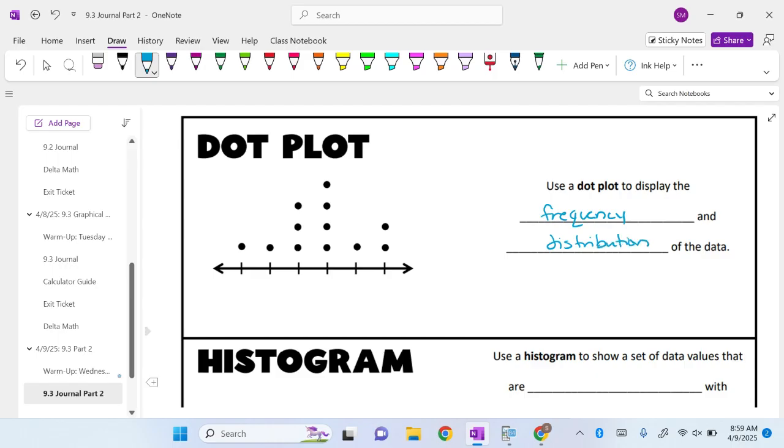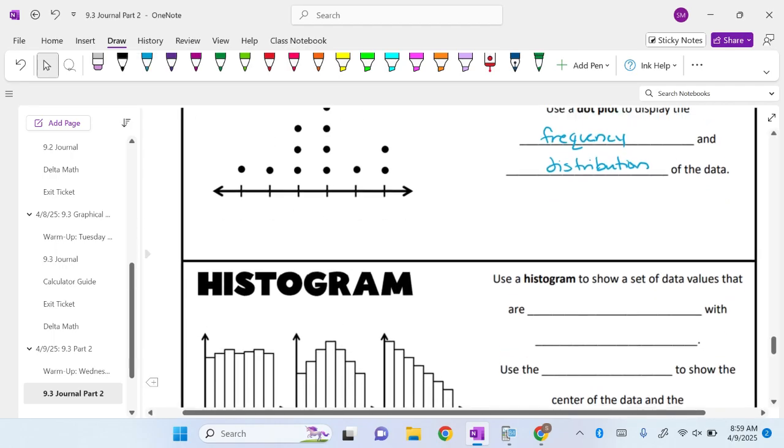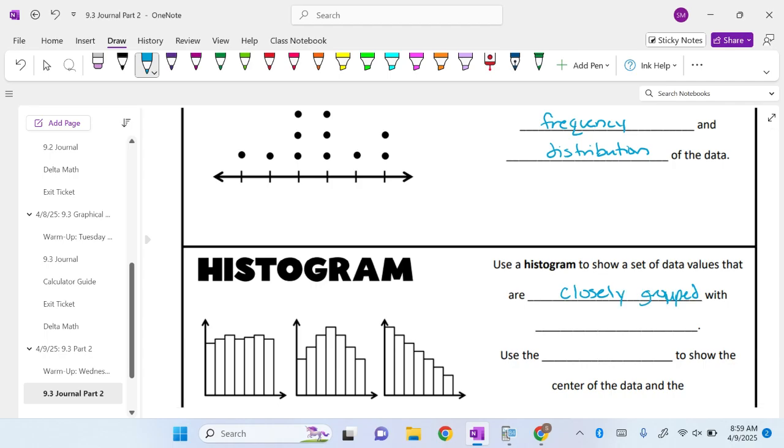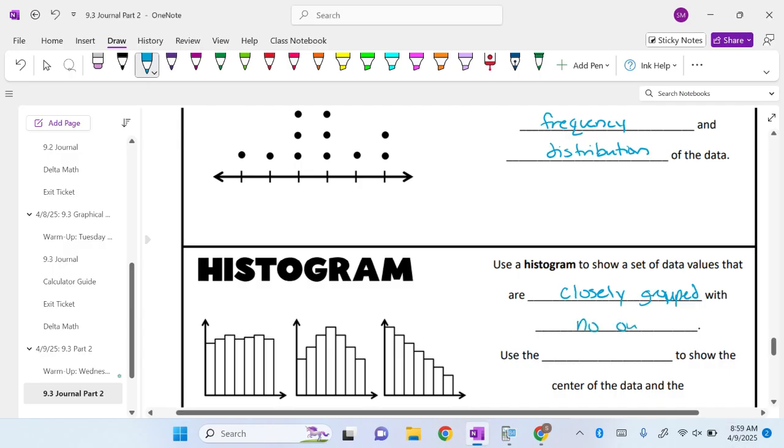And we'll talk more about distribution later. We use a histogram to see a set of data values that are closely grouped, with no outliers. Again, we'll talk about outliers later.